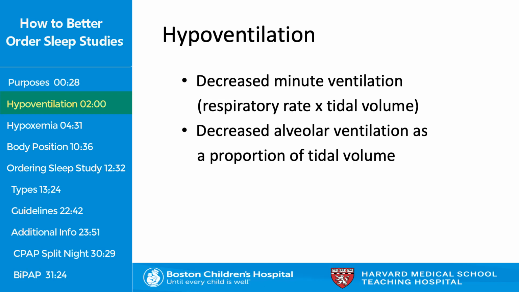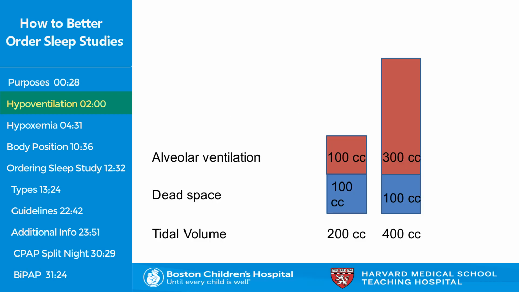And the reason this is so important is because if we consider a child who weighs 40 kilos and is taking tidal volumes of 10 cc per kilo, you can see that in the column on the right. Out of those 400 cc, 300 cc are going to alveolar ventilation, 100 cc or 25% of tidal volume in otherwise healthy normal children going to dead space ventilation.